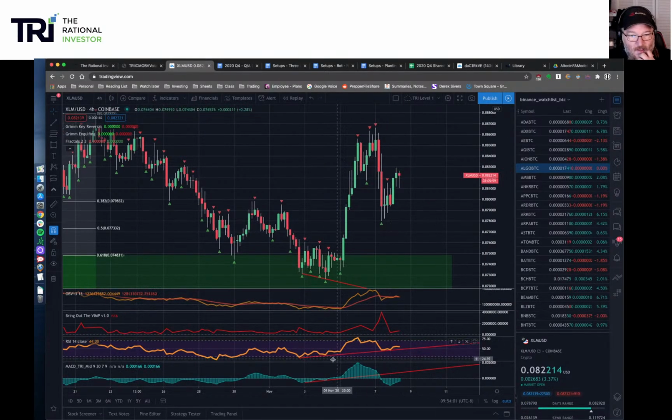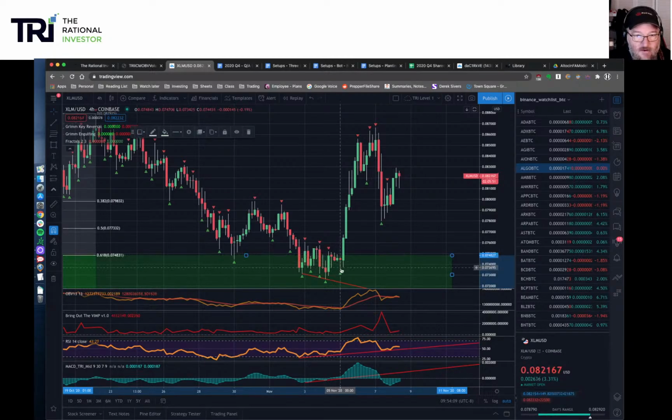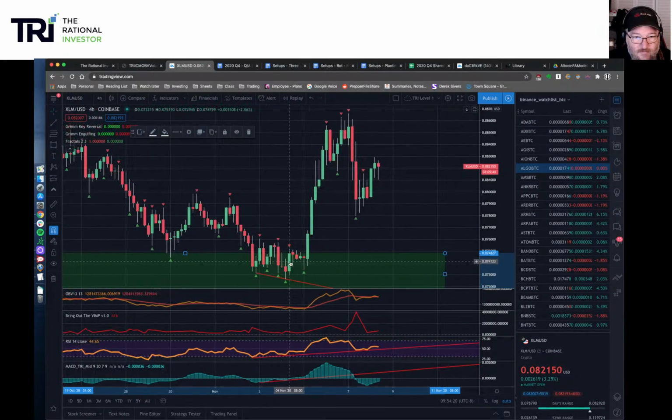It's just here. So that was confirmed on this hammer. I don't know whether you got in on this hammer or this hammer. If you'd got in on this one, you would have gotten stopped out because it moved down to here. But then we got another hammer in place.